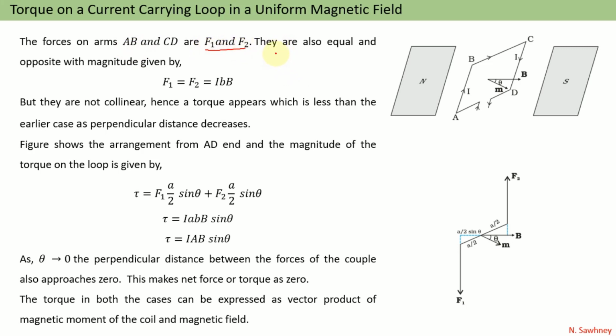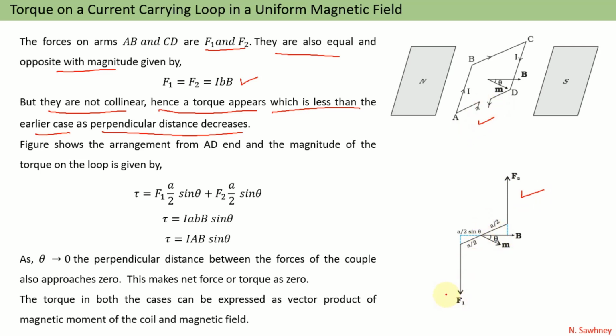They are also equal and opposite, with magnitude given by the same value, that is I B into capital B. But the only difference here is that now the forces are not collinear, and if they are not collinear, a torque appears which is less than the earlier case as the perpendicular distance decreases. See here, again we are trying to view the rectangular loop from the AD side.